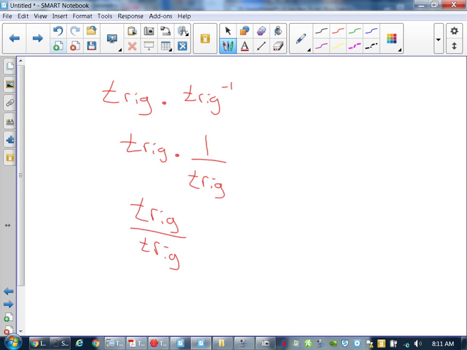That's how it undoes itself. Think of that theta as that variable, as the x. So if it's sine times inverse sine, it's 1. Tangent times inverse tangent, it's 1. It's undoing it. But since there's this equal sign, you have to do it to both sides of the equals to keep it balanced. That's why this works, because this inverse function does that.